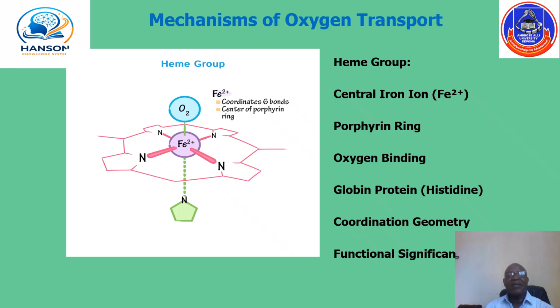That binding creates 6 coordination bonds: one from oxygen, one from the globin histidine protein, and 4 from the porphyrin nitrogen atoms.